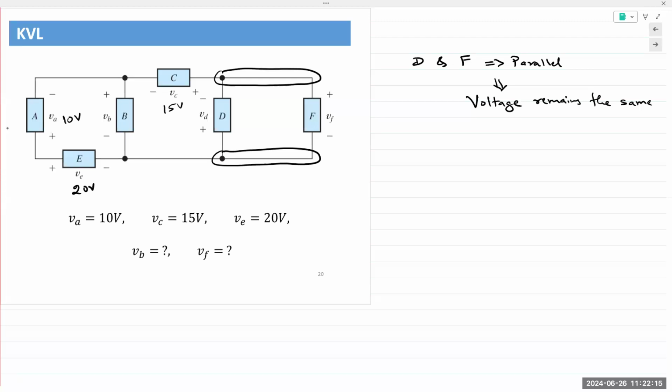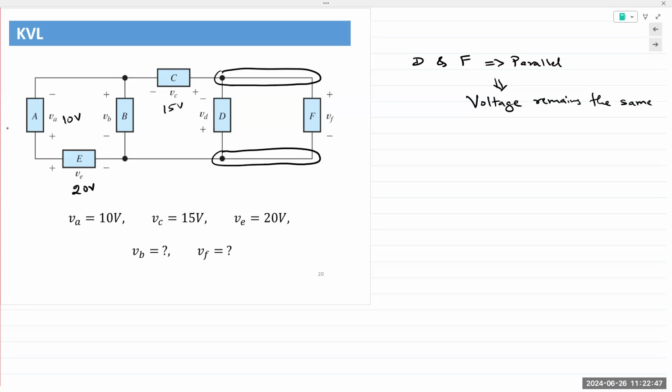And so the voltages that appear across those two nodes is exactly the same value. So voltage across parallel connections always remains the same for every element, because it is a result of all those elements working together. And at the same time, in series connection, the current remains the same.